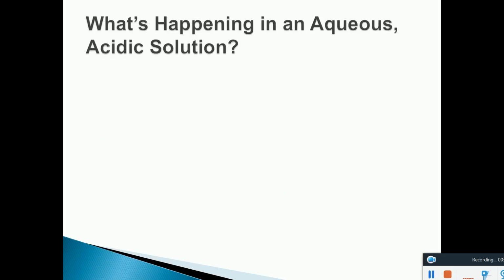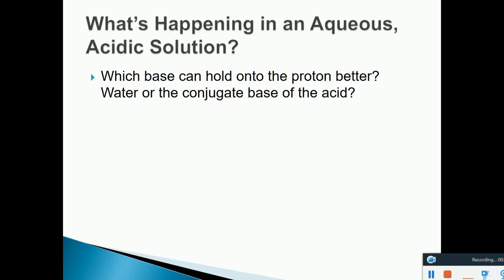So we can also think about which base can hold on to the proton better, water or the conjugate base of that acid. So water, remember what happens. You have to think about what happens when water acts as a base and picks up a proton. Well, it becomes H3O plus.